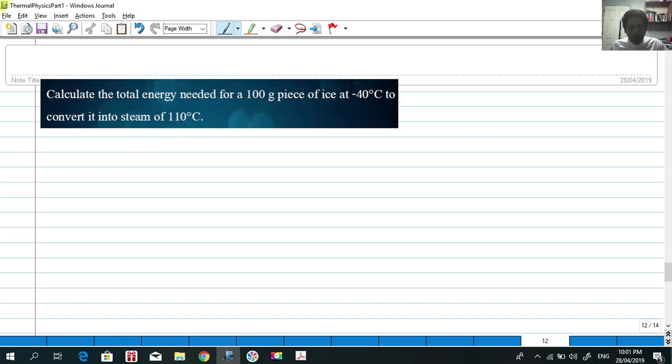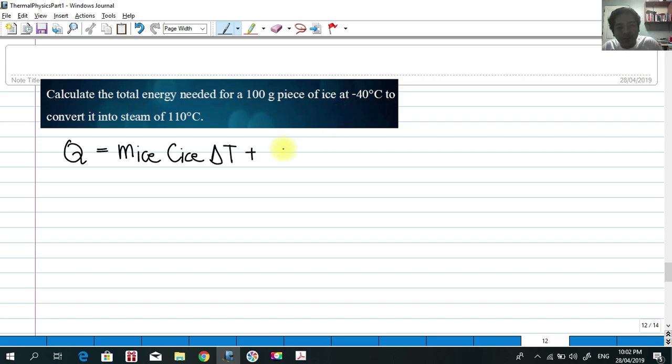So the total heat, I'm so sorry, I confused Q with the charge. The total heat required is equal to the mass of ice, the c of ice, because it is still ice at negative 40 degrees Celsius, times delta T. So m of ice, c of ice, times delta T. Once it reaches 0 degrees, the ice starts to melt, and that is a phase change.